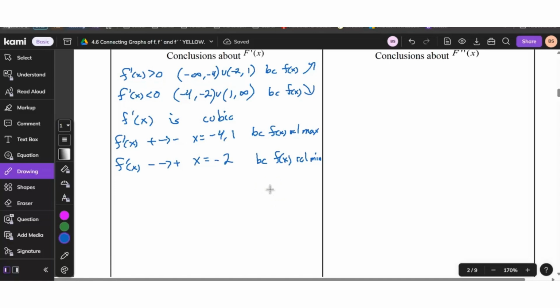we would have to say that f prime of x, what is it going to have if there's a point of inflection? If there's a point of inflection on the original, what does f prime have? 0 or max or min.